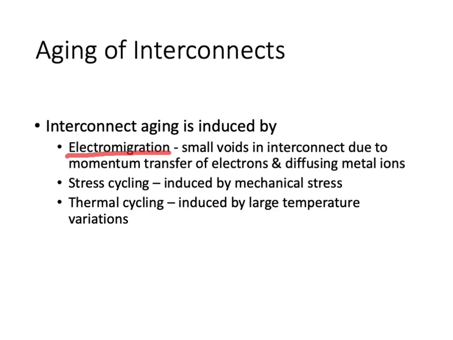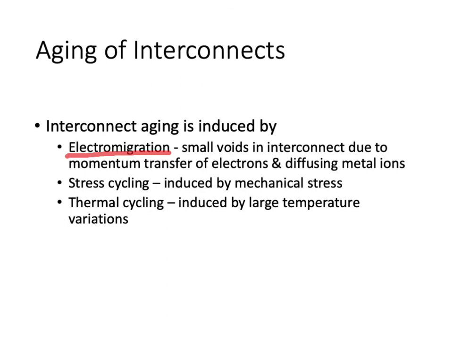So the metal ions of your routes, your interconnects, receive momentum from all the current, and they diffuse and migrate, and the net result is over time there are small voids, that means empty regions, created in the metal interconnect. And as you can imagine, this creates all kinds of weird non-uniform electric fields, and it changes the geometry of the interconnect, and that changes the capacitance and resistance properties, and this causes changes in the actual digital circuit speed as well as power consumption.